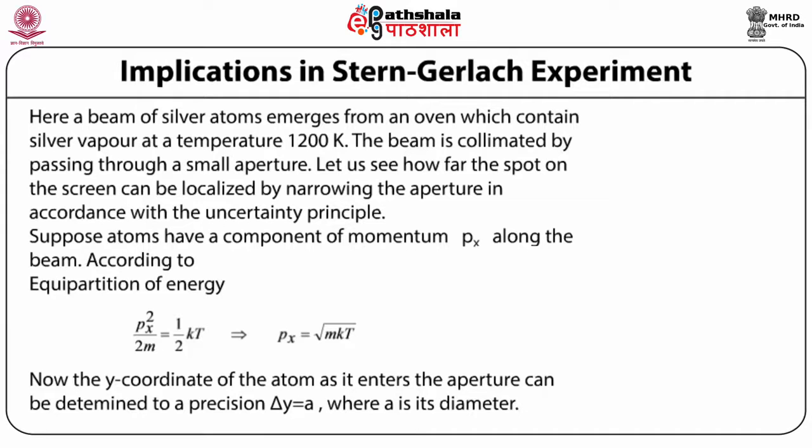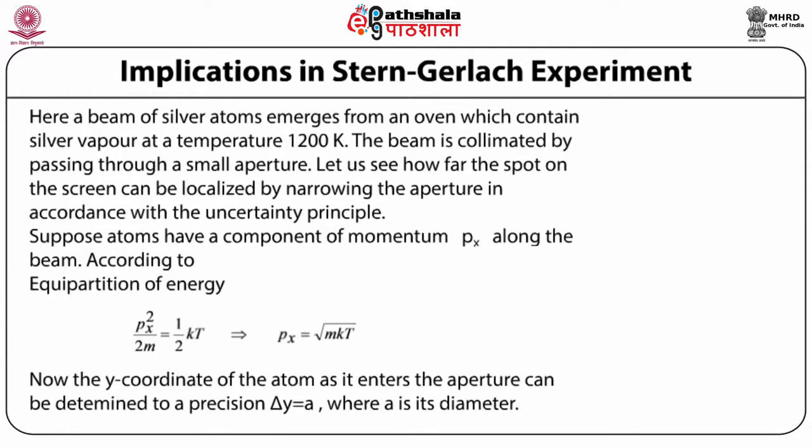Now suppose atoms have a component of momentum px along the x-axis, that is, along the direction of the beam. According to equipartition of energy, px squared by 2m is equal to half kT.